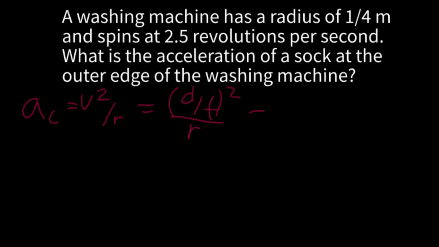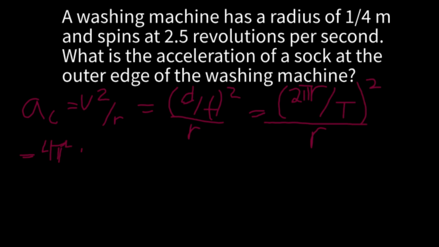So that distance is going to be the circumference of the circular washing machine. So 2 pi r divided by, we're going to make time our period, squared, divided by r. So we can expand and simplify that, and we'll get 4 pi squared r divided by the period squared.